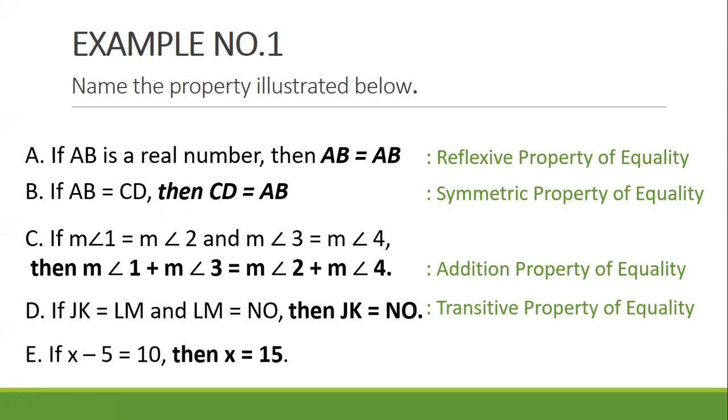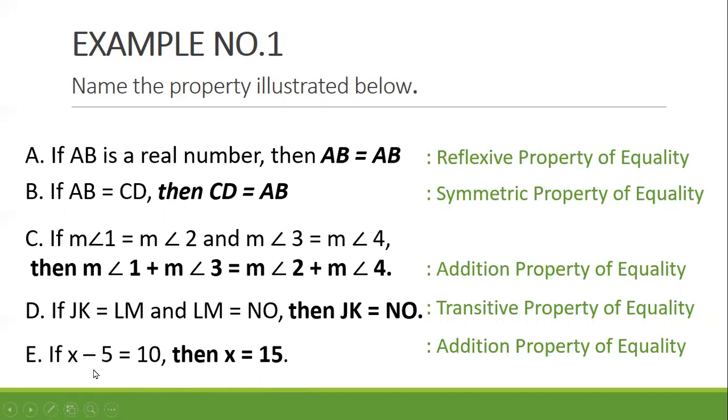Letter E, if X minus 5 is equal to 10, then X equals 15. Ano kayang property ang ginamit dito? We have the addition property of equality. Bakit addition property of equality? Because to get x equals 15, we need to add 5 both sides to cancel negative 5 here.